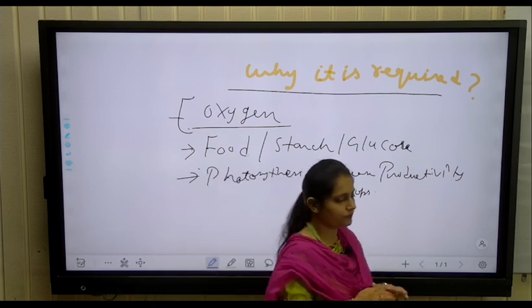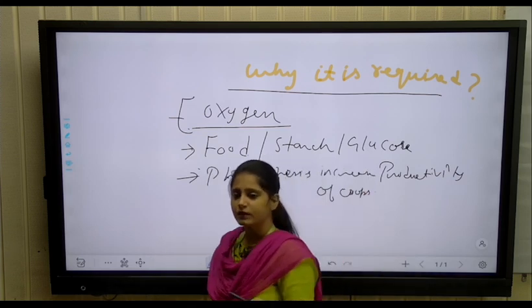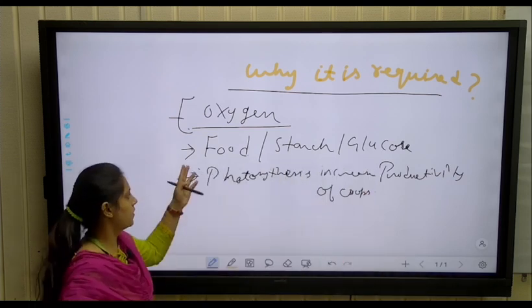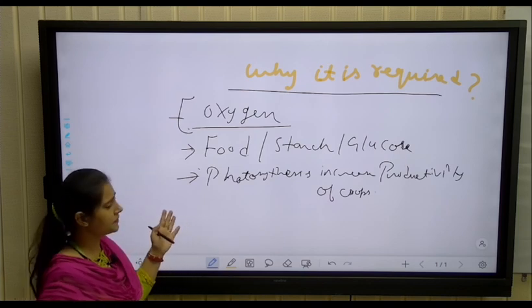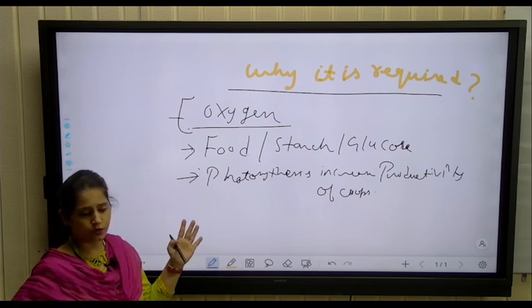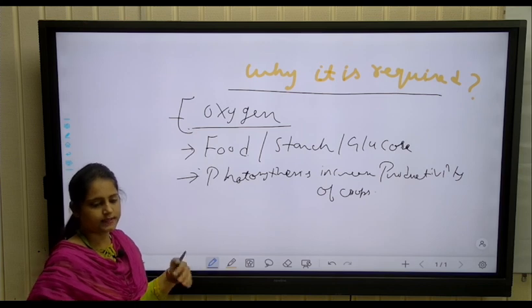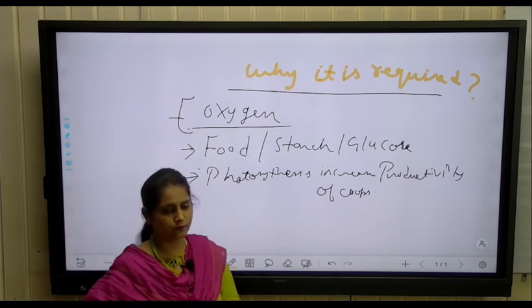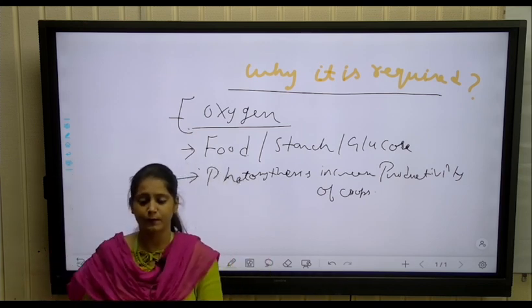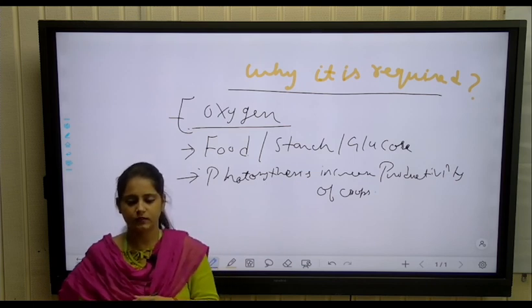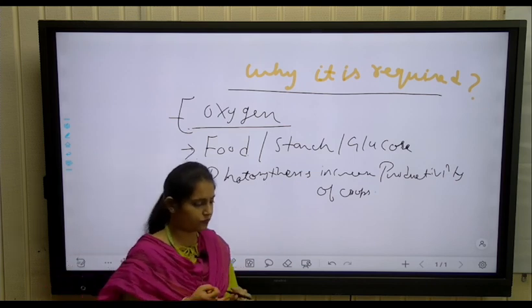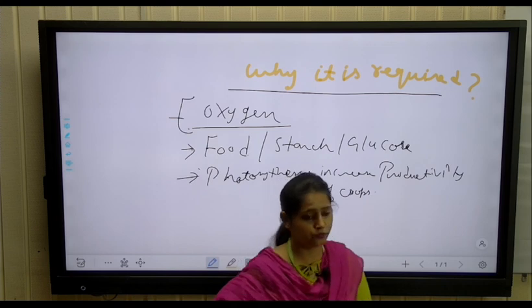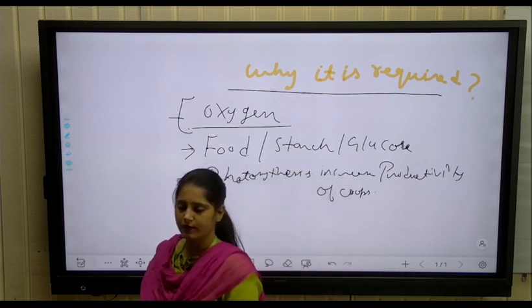If there is proper photosynthesis, then the yield is more. So these are the basic things which photosynthesis does for us: it is a must process to get oxygen, to get food, and to increase productivity.